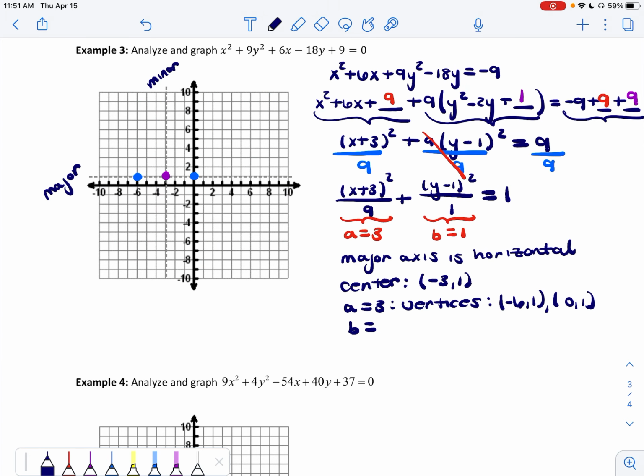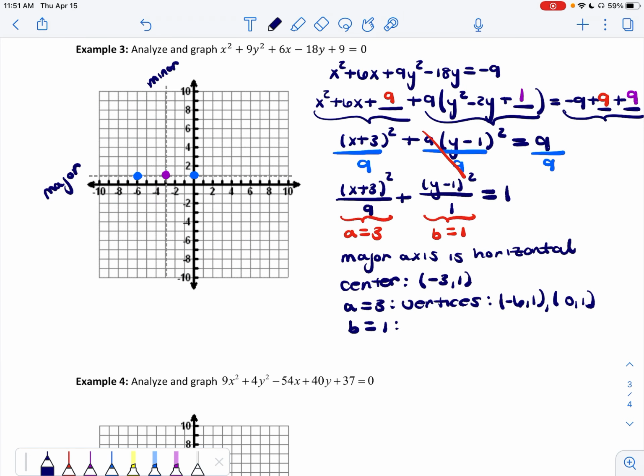From the b value, we'll find the points on the minor axis. Those are going to be up and down from the center along our minor axis. So 1 up, 1 down.